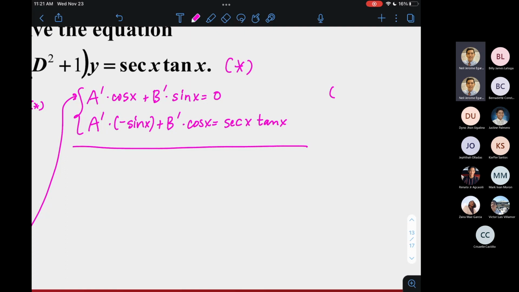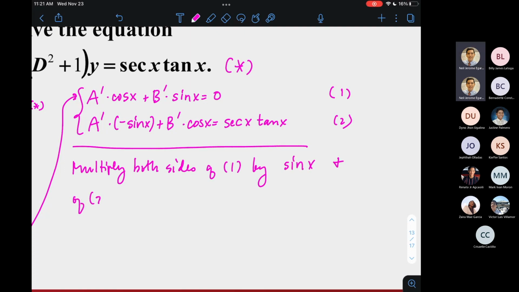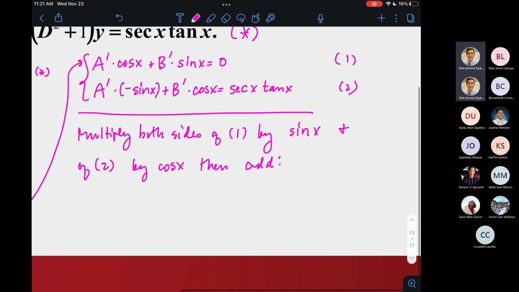So let's call this equation 1, equation 2. So we multiply both sides of 1 by sine x and of 2 by cosine x, then add, and we'll get the following.